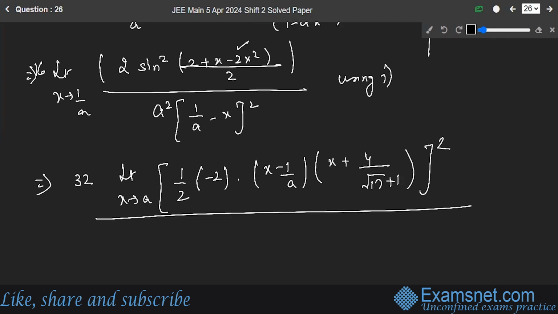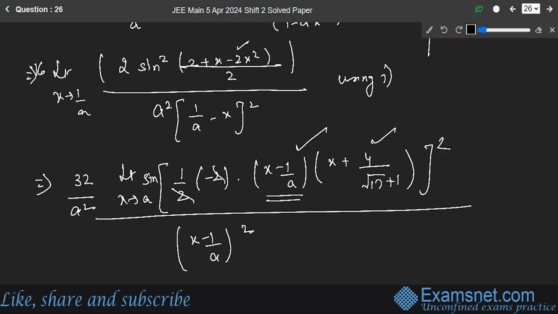And the denominator, let's take the minus a square also outside. And this will be, I can write it as 1 minus a, 1 upon a minus x whole square. This can be written as x minus 1 upon a whole square, right? So this was sine. So see, I'm having this variable x minus 1 upon a square. This is present in the numerator and the denominator.